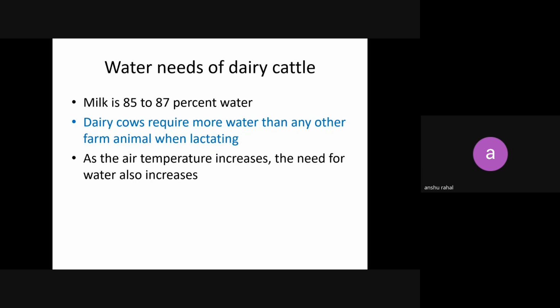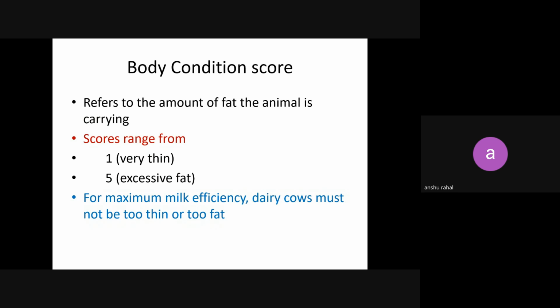Normally, the animal consumes water equal to twice the dry matter it consumes. The dairy cow requires more water than any other farm animal when in the lactating state. As the air temperature increases, the need for water also increases.